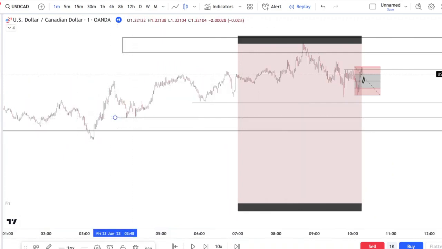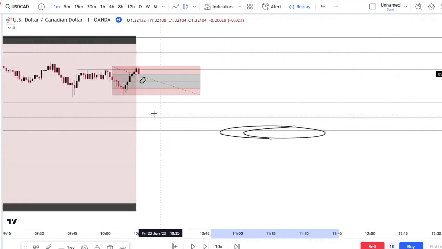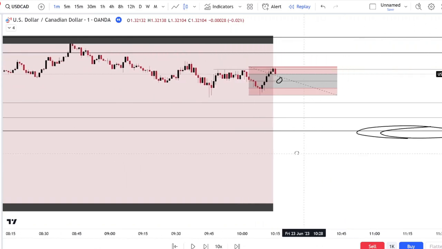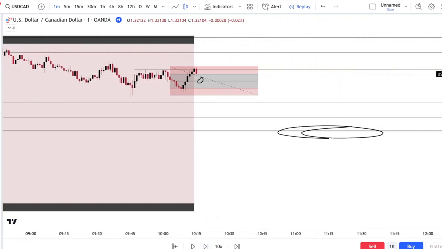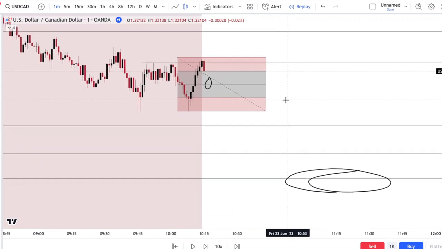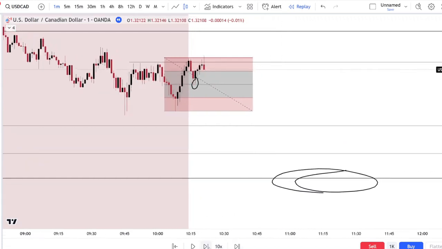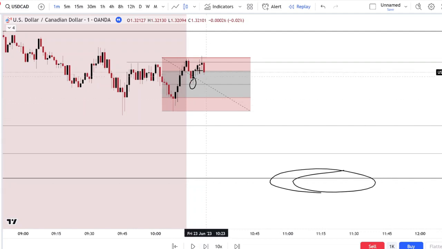Third, and of course, the final TP would be the macro level. But let's see if it plays out. Okay, we took a loss here.